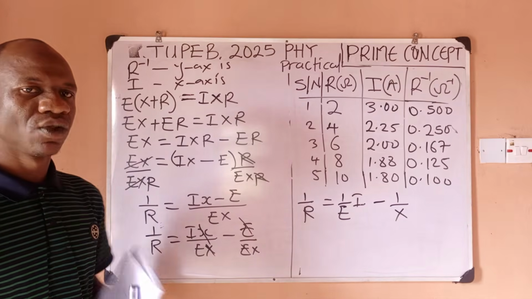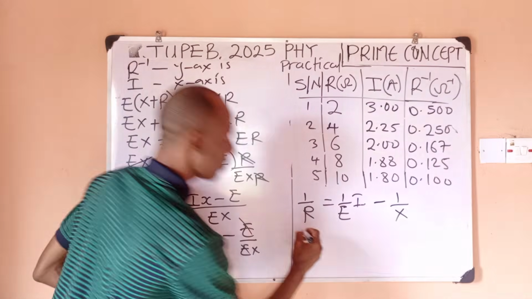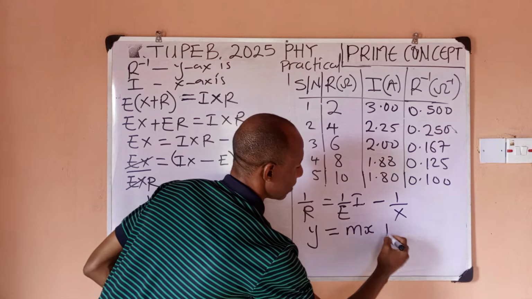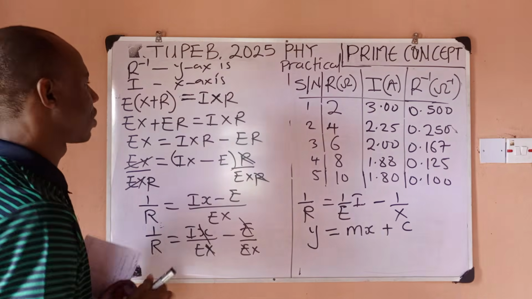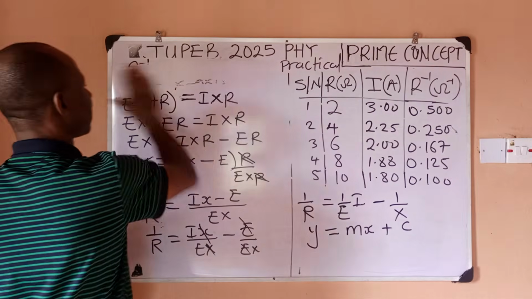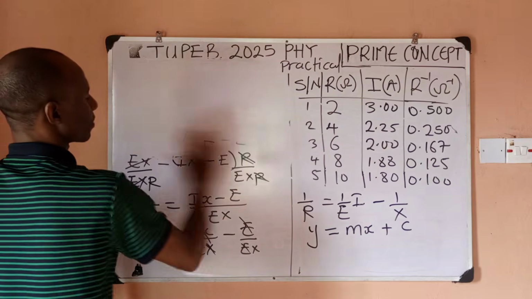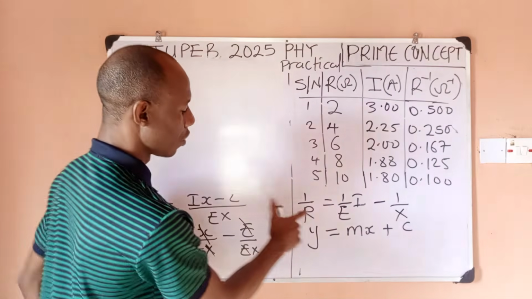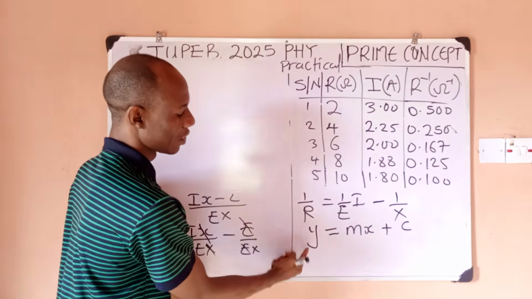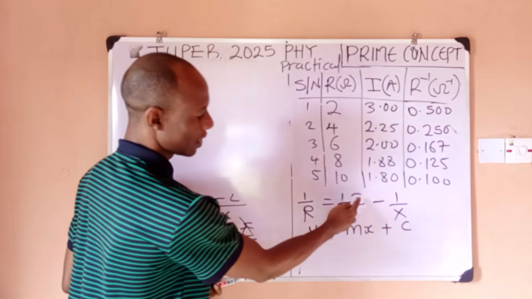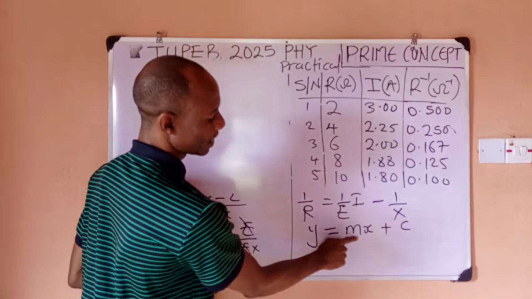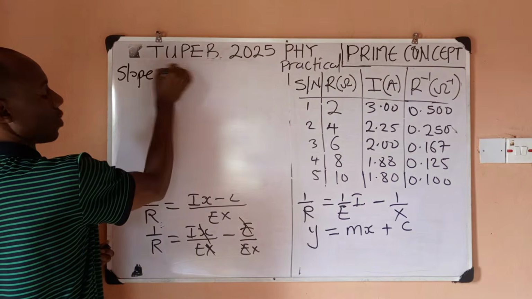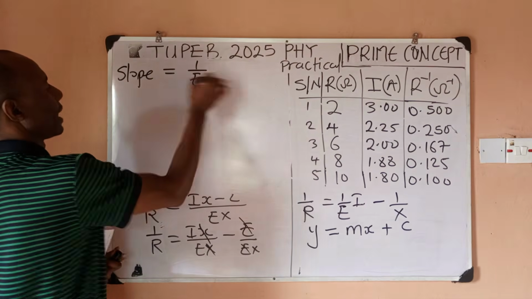If you compare this to the equation of a straight line, which is y equals mx plus c, you would notice that since you're plotting 1 by r on the y-axis and I on the x-axis, m, which is your slope, is going to be 1 by e.